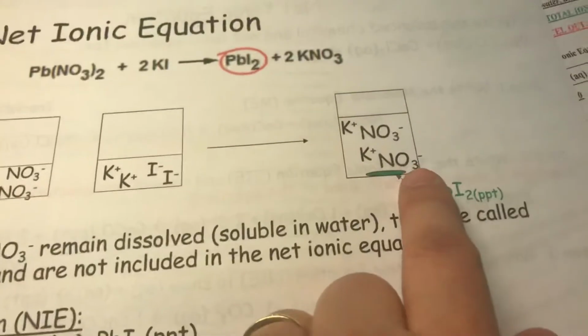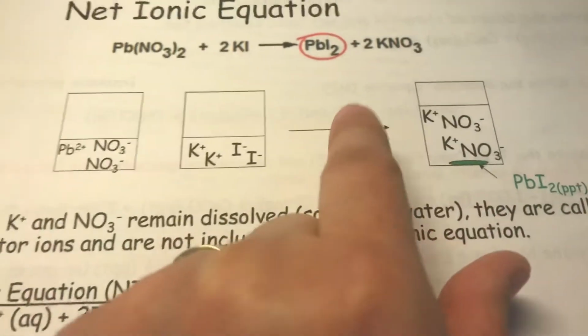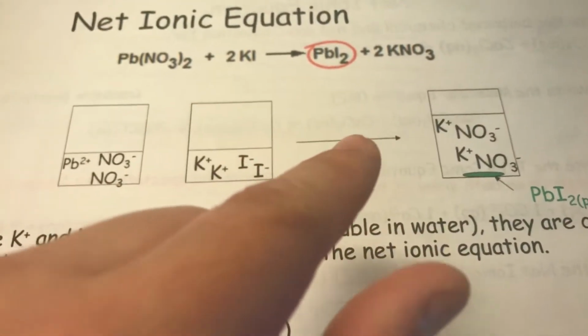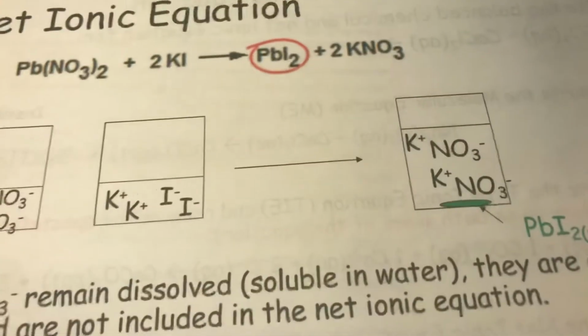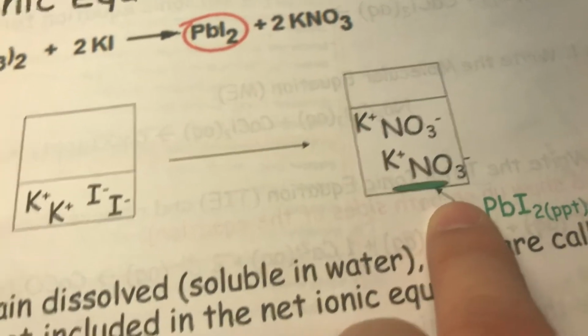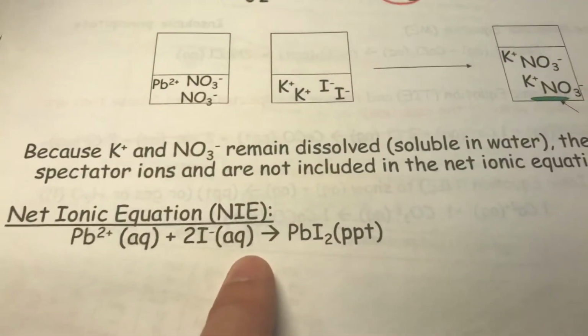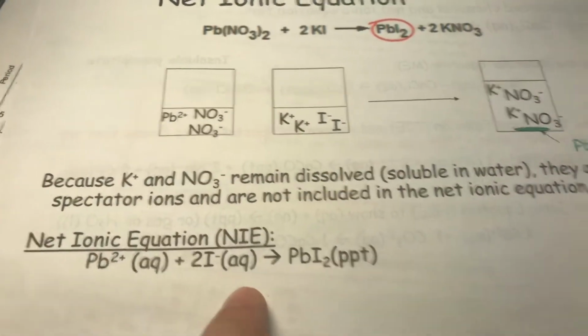This means that I only care about this part after I do filtration. Any other things that remain aqueous, remain soluble, I'm going to filter out and throw away. All I care about is what I filter out onto the filter paper. So this equation is called the net ionic equation, and I will care about this.